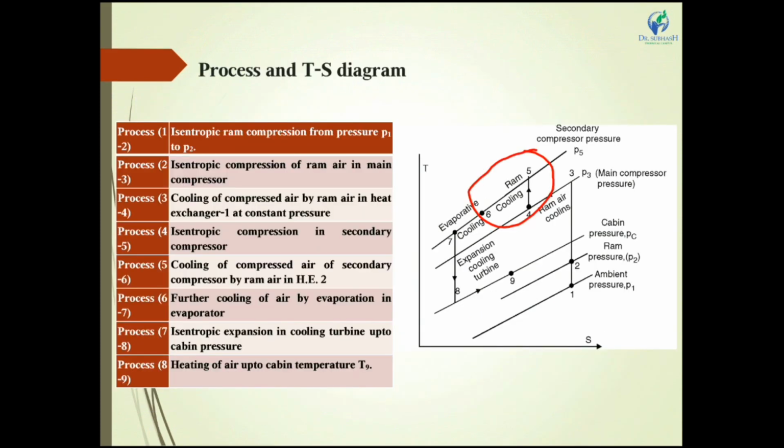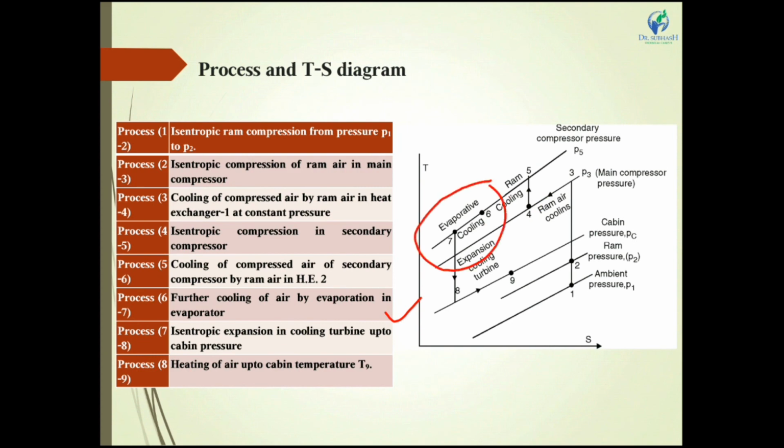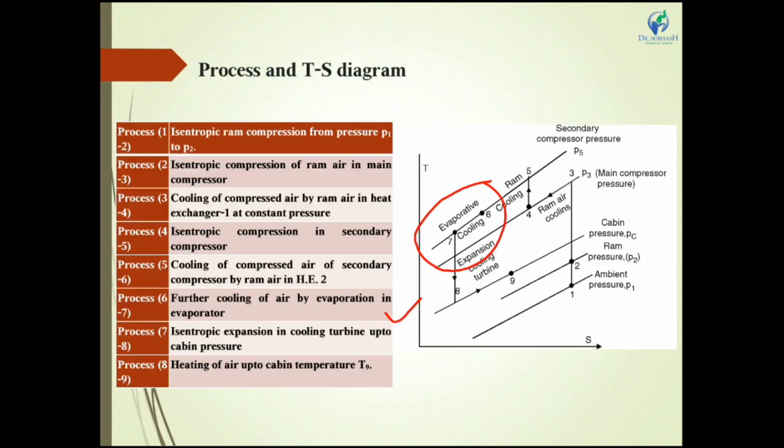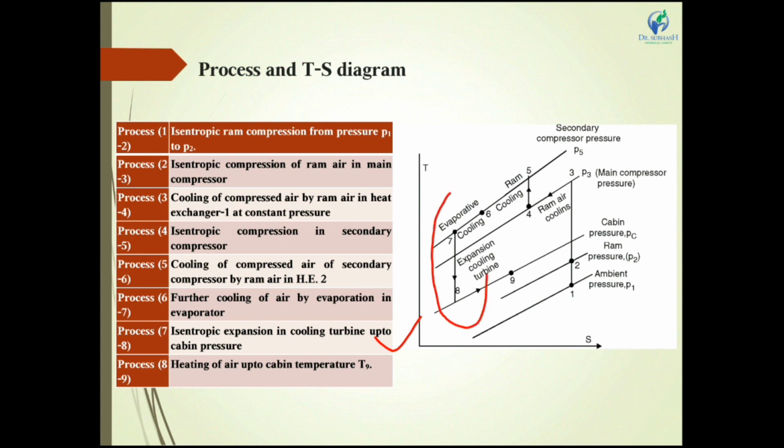Then there is further cooling of the air by evaporation in the evaporator, process point 6 to process point 7, where there is evaporative cooling in the evaporator. Then isentropic expansion in the cooling turbine up to cabin pressure is denoted in the T-S diagram as process point 7 to 8.